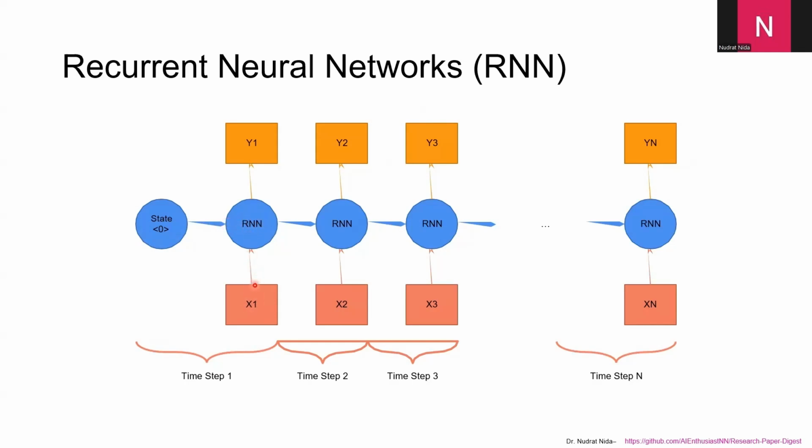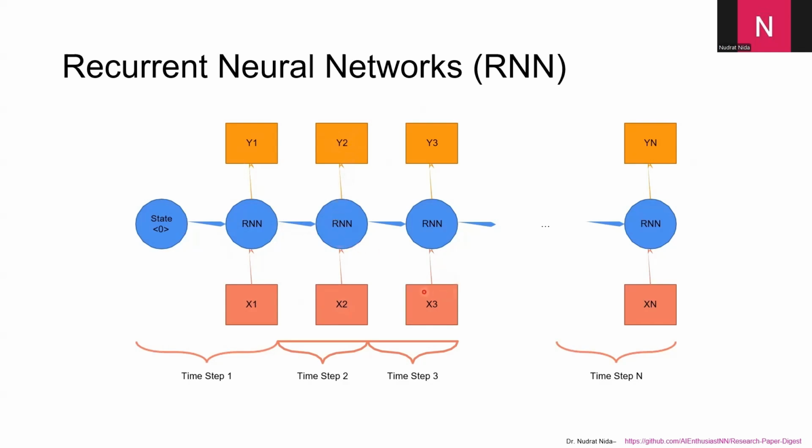It works on the first input and forms the output, that is Y1. For the next state, the output is computed using the next input and information from the last recurrent node, and then it produces Y2 as an output.